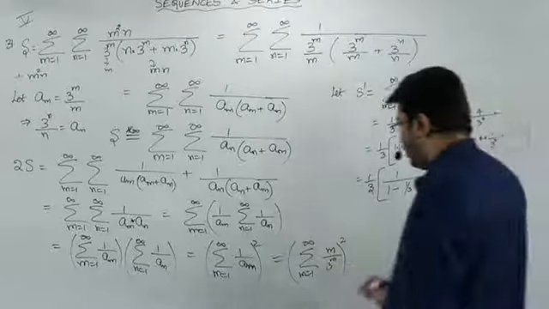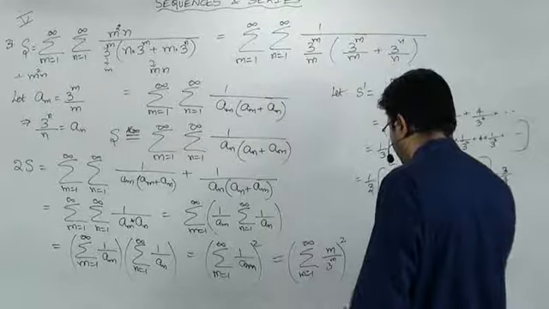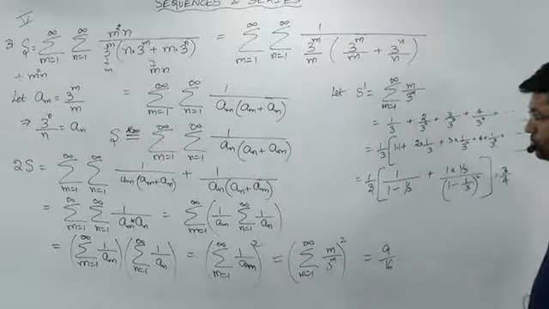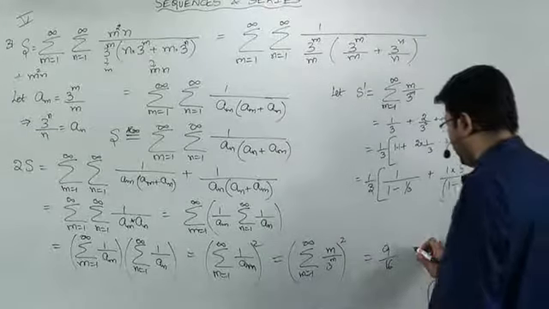If S dash is 3 by 4, this is what? 9 by 16. Right. Therefore, what is S?